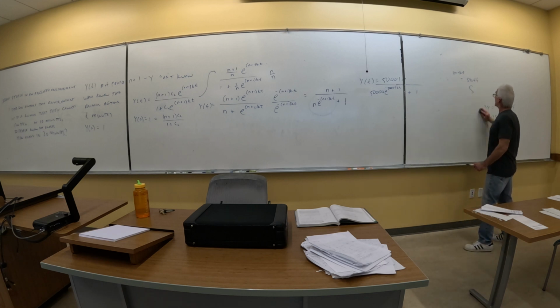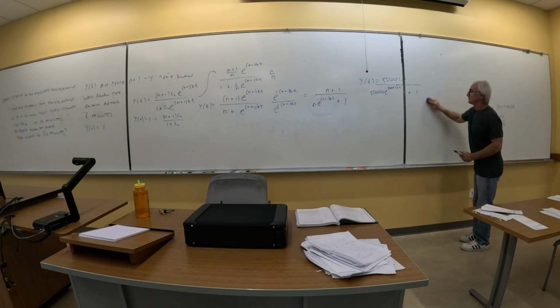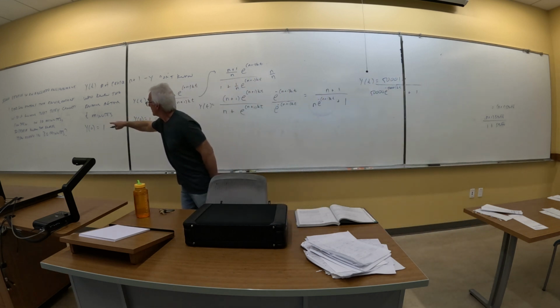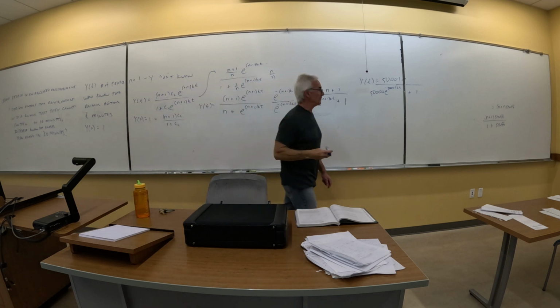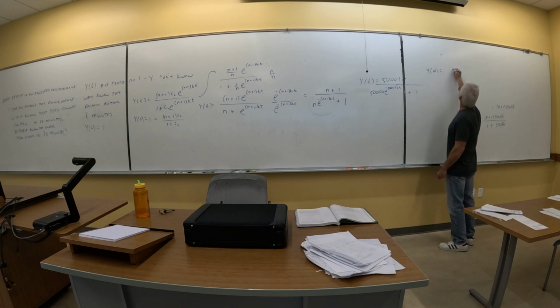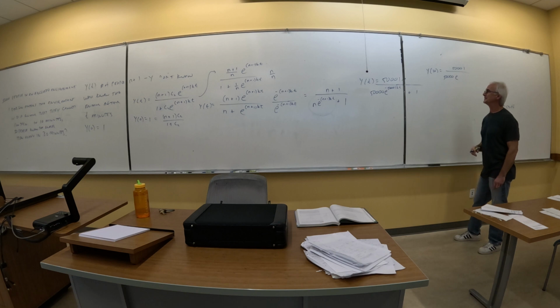So, now what? I have it somewhere in there. y of 10 equals 50. Okay, y of 10, which is 50,001 over 50,000 e to the what?